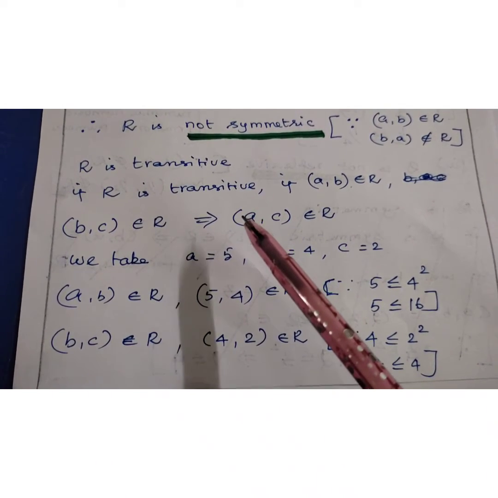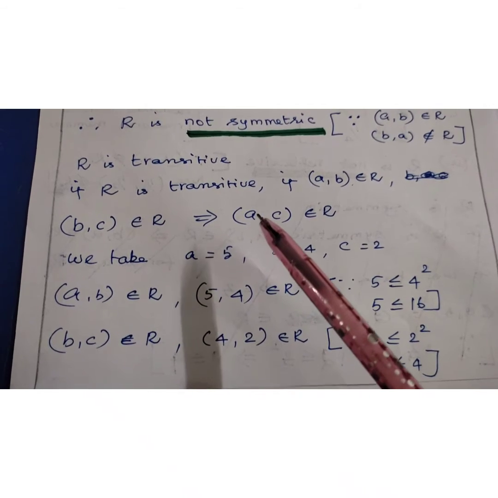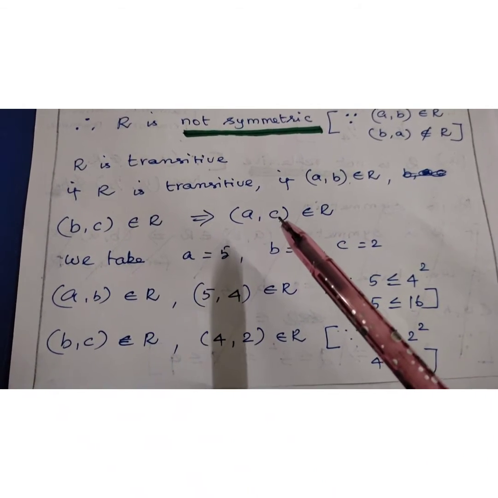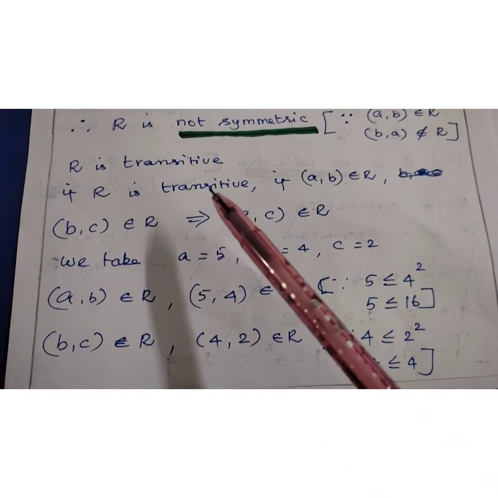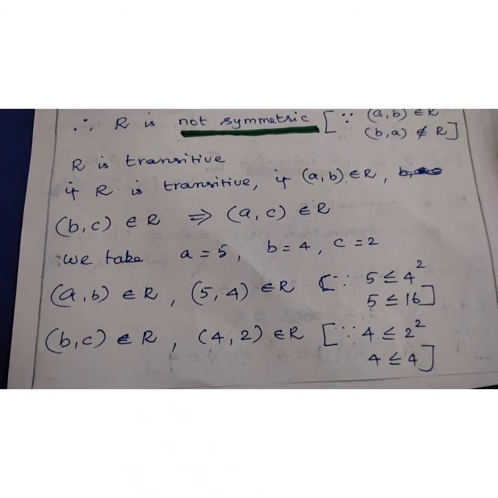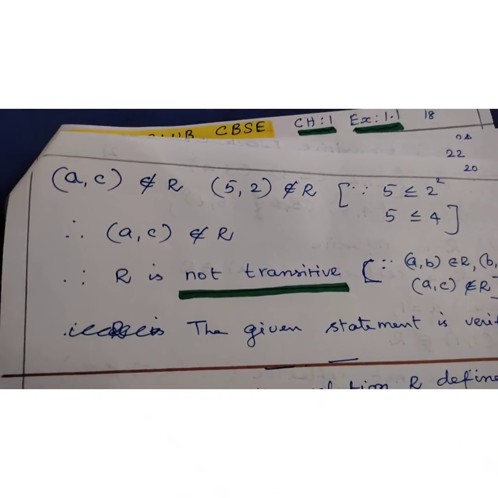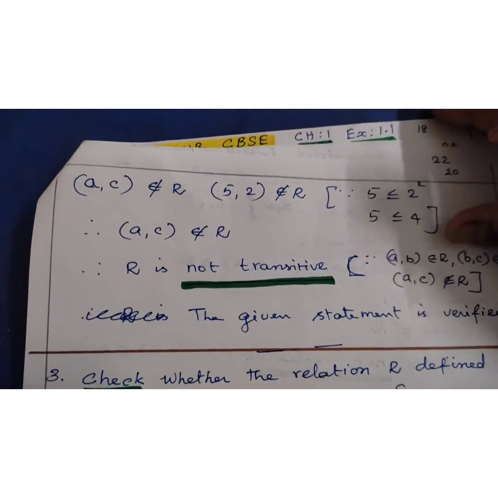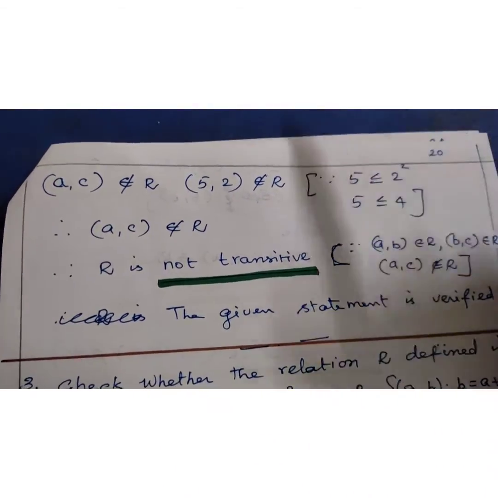Now in this sum we have to prove that (A, C) does not belong to R. After that only we can say that R is not transitive. Now the solution is (A, C) does not belong to R.